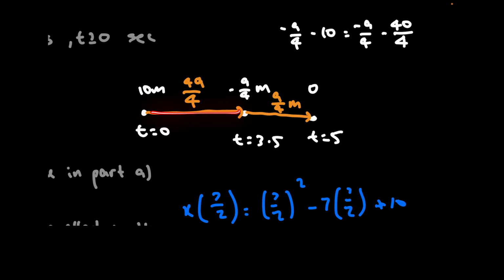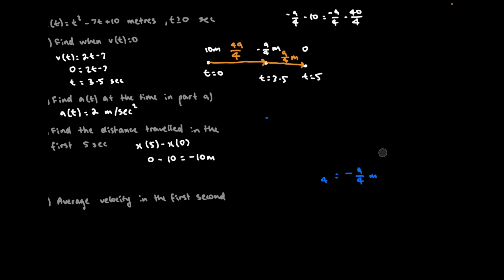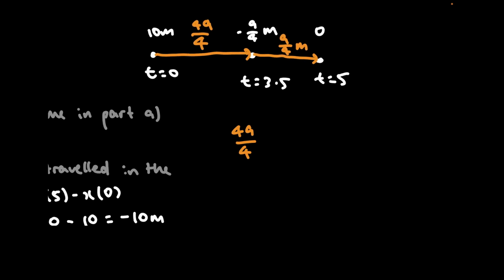So that is the total distance traveled from here to here. And then the distance traveled from here to here is 9 on 4. So that means the total distance is just these two added together. So the total distance traveled between these 2 points is simply 49 on 4 plus 9 on 4, and that's equal to 58 on 4 meters.